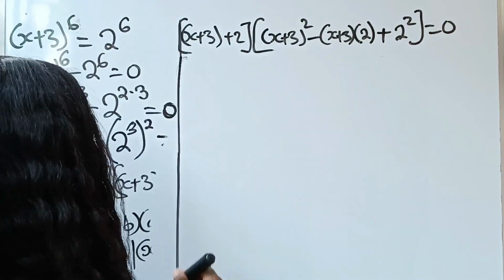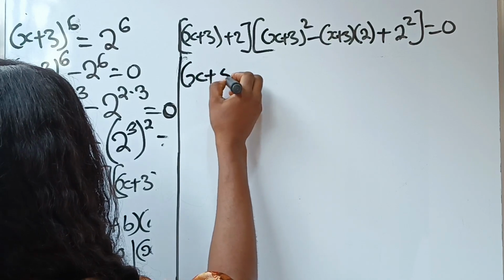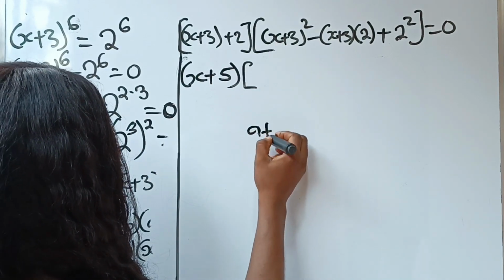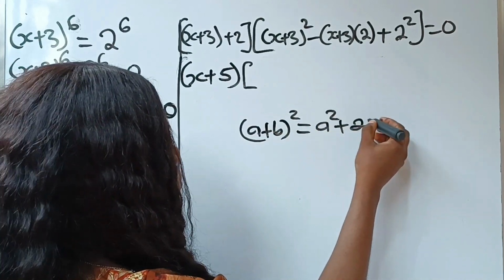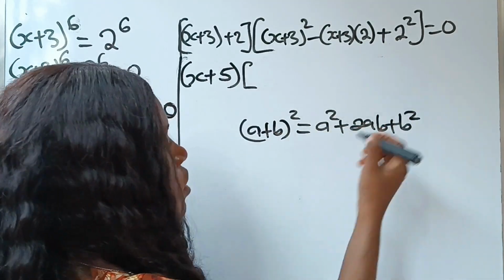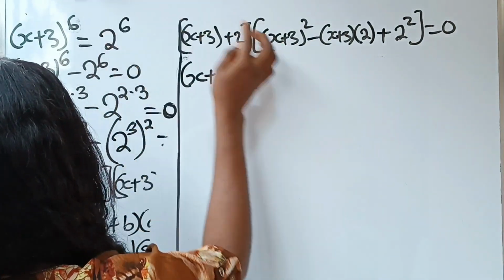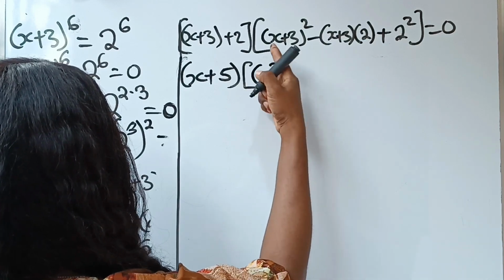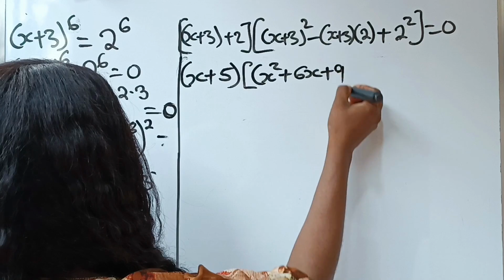All right, now we have x + 3 + 2 will give us 5, right? So (x + 5), open bracket. Now when you have (a + b)², this is the same thing as a² + 2ab + b². In this case our a is x while our b is 3, so it's going to be x² + 2 times x times 3, which is 6x, plus 3 squared, which is 9.